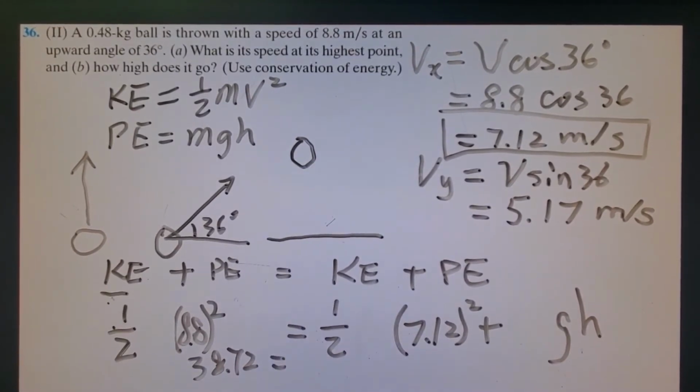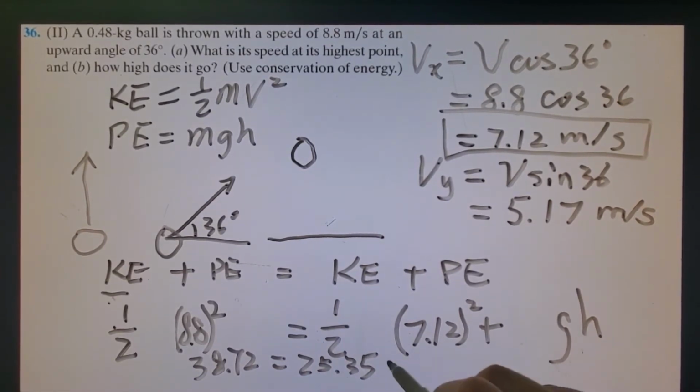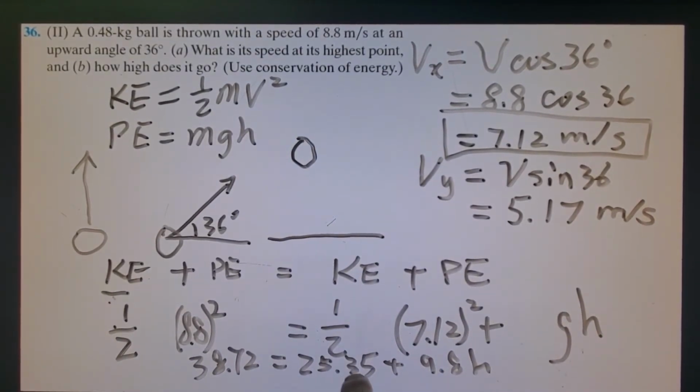That is equal to 7.12 squared times a half, which is 25.35, plus 9.8 times h. So I'm going to subtract 25.35 on both sides and then divide by 9.8.